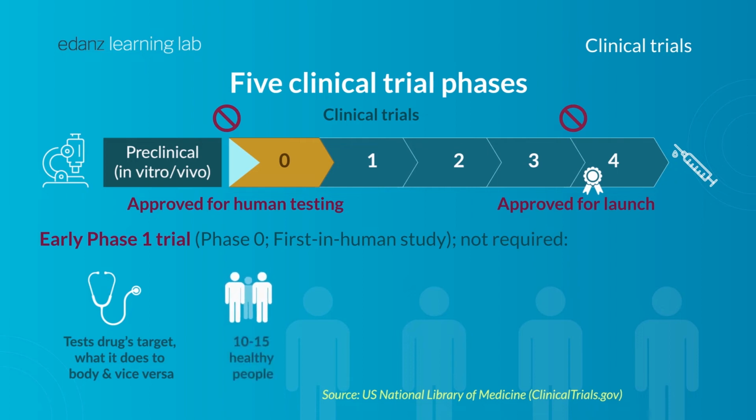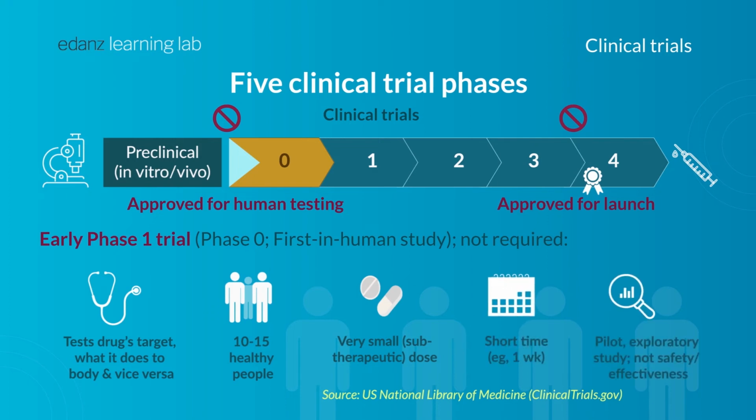Only about 10 to 15 volunteers are given a very small dose of the drug, which is subtherapeutic and not expected to treat disease. The drug is given for only a week because this phase is a pilot or exploratory study that does not yet look at drug safety or effectiveness.